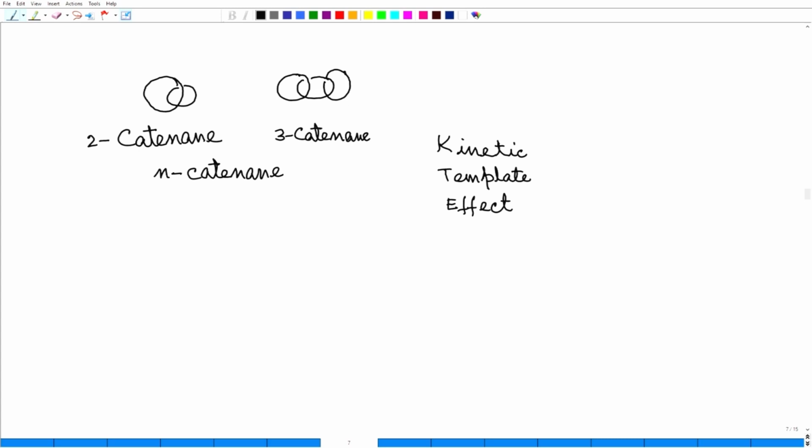Let me show how to synthesize a 2-catenane by means of the kinetic template effect.